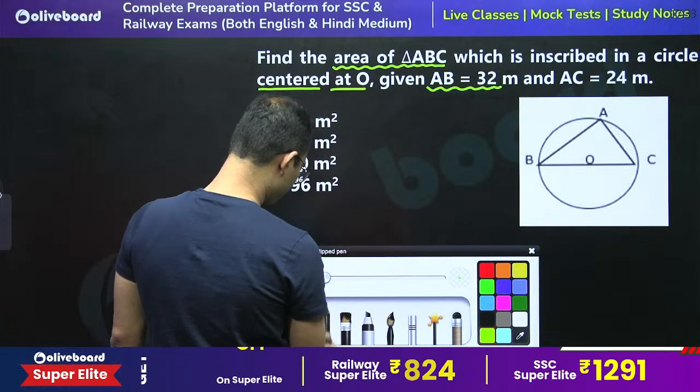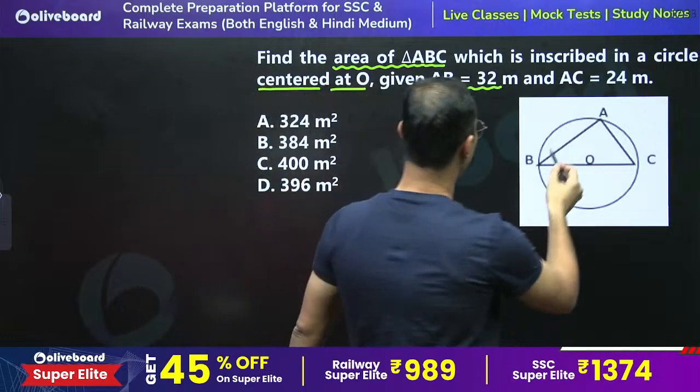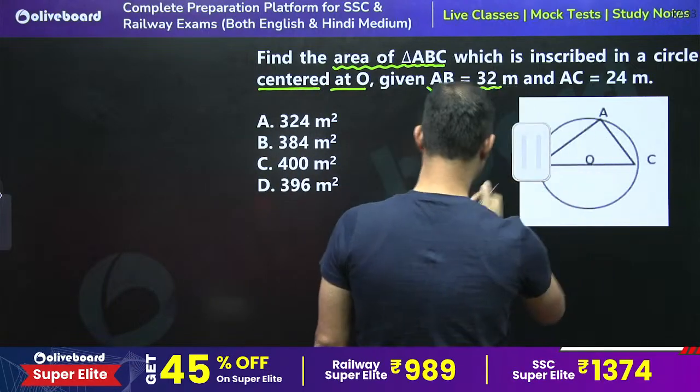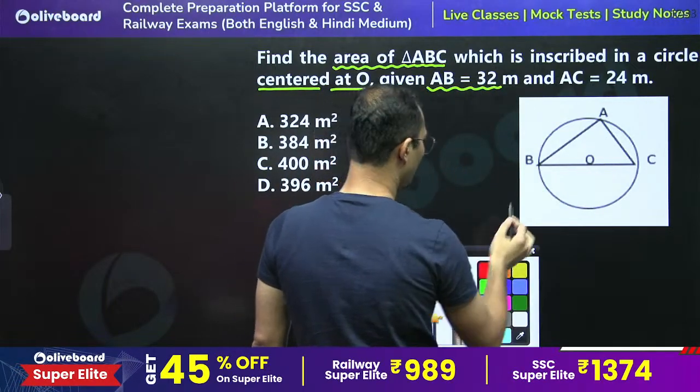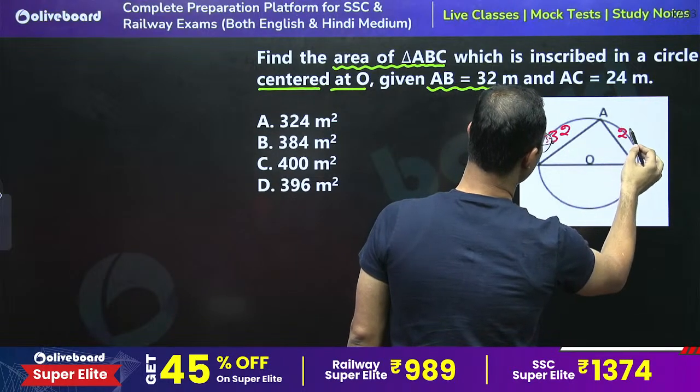Is this clear? Yes. AB is equal to 32 and AC is equal to 24.